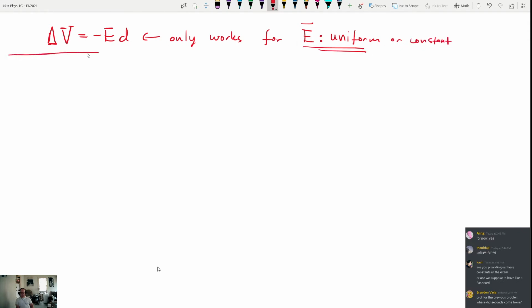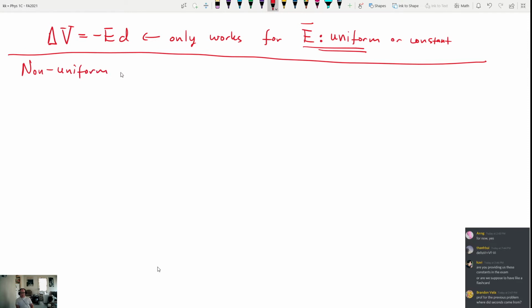If we want to talk about non-uniform electric fields, then we have to use the definition of work, where it's F dot dr. We have to replace inside our definition here the integral.